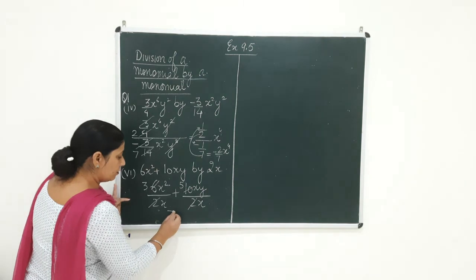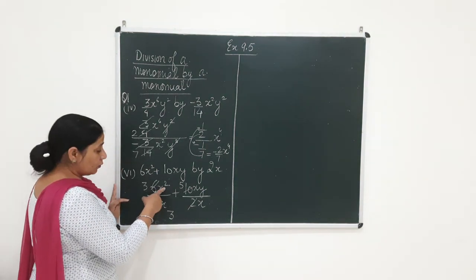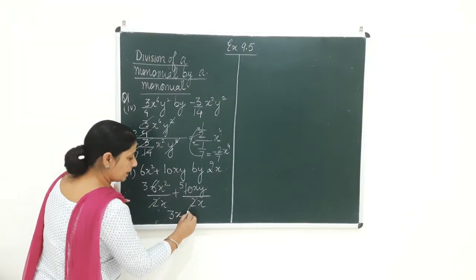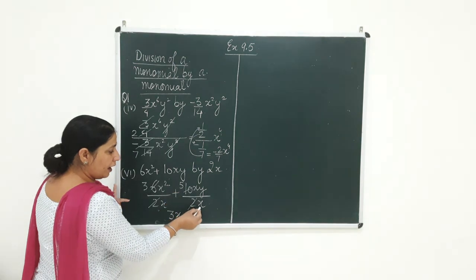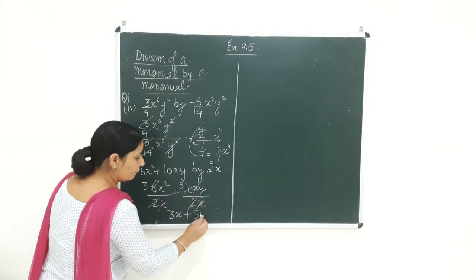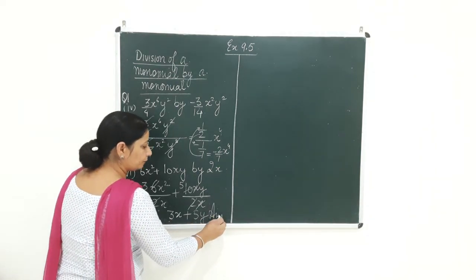Now what you have here is 3. Here you have x power 2, here you have x power 1. So when you subtract 2 minus 1, you will be left with only x. Then plus sign here, 5, x and x both will get cancelled and then you will be left with y. So your answer will be 3x plus 5y.